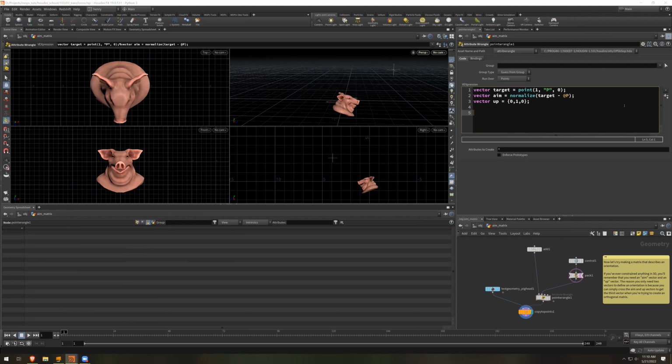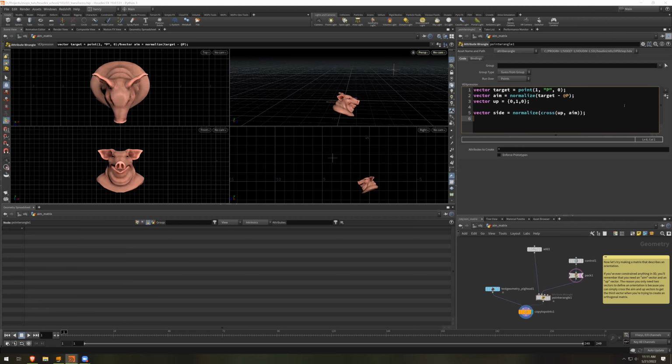And the way that you do that is finding the orthogonal vector to aim and up. And if you remember from before, if you want an orthogonal vector to 2 others, you use the cross product. So I'm going to say vector side is equal to, and again, we're going to normalize, and we're going to cross that up vector against our aim vector.